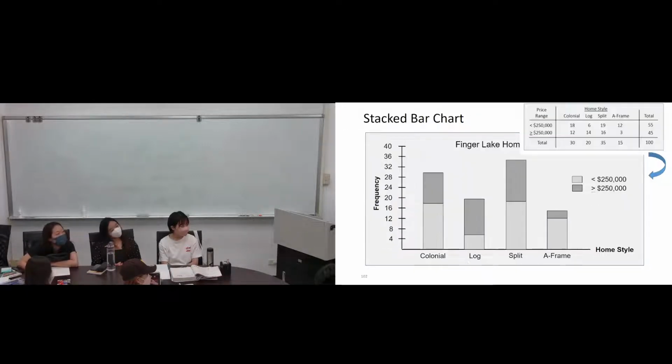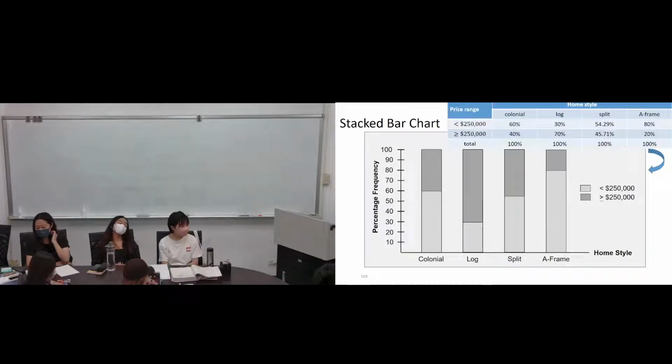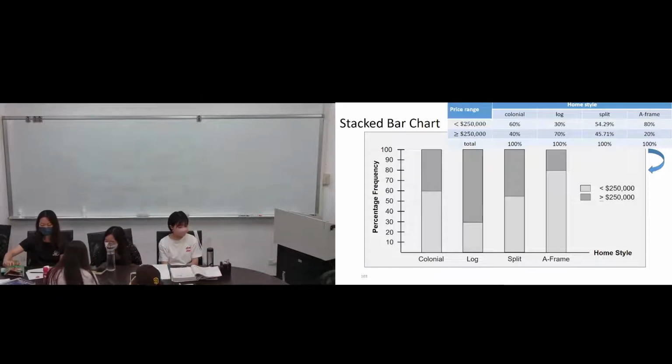And split, 19 out of 35. We divide 19 by 35, and we obtain 54.29%, and the remaining percentage is 45.71%. So for the split home style, about 54% are priced below $250,000 and 45% are priced above $250,000.